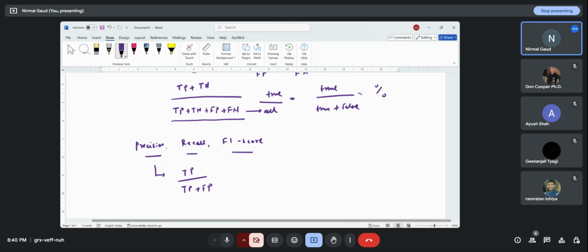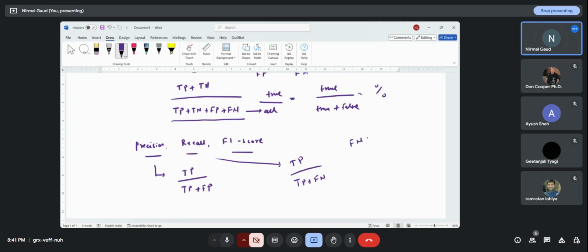Recall is the ratio of TP upon TP plus FN. What is FN? False negative.